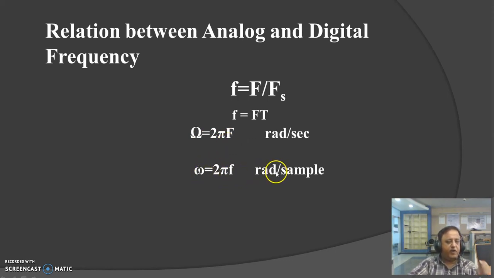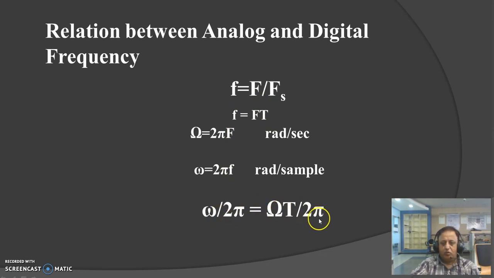Now, the frequency for omega we all know is radians. Because we are dealing in discrete time, and because there are various samples involved, the unit of omega is radians per sample. So now, taking the values of f and capital F and substituting in this equation, we get omega upon 2 pi is equal to omega t upon 2 pi, giving us a relation of omega equals omega into t.